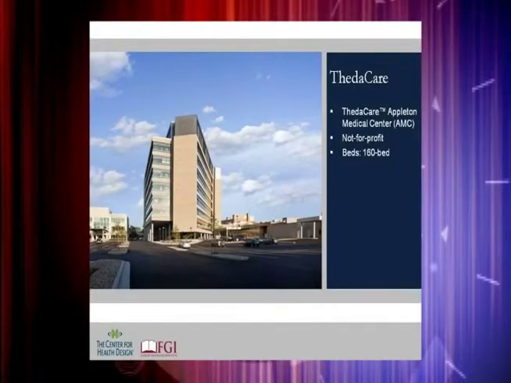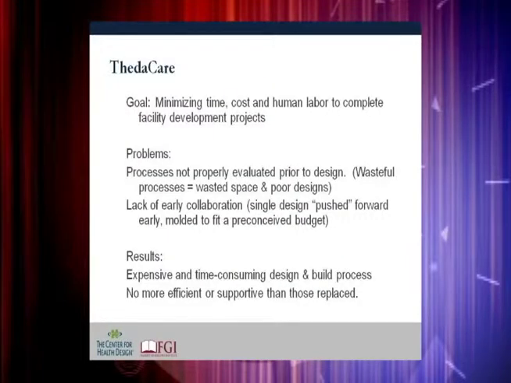So let's talk about Theta Care. Theta Care has been very active in doing lean. Their goal was to minimize time, cost, and human labor to complete facility development projects. Their problem was processes not properly evaluated prior to design. Wasteful process equals wasted space and poor design.